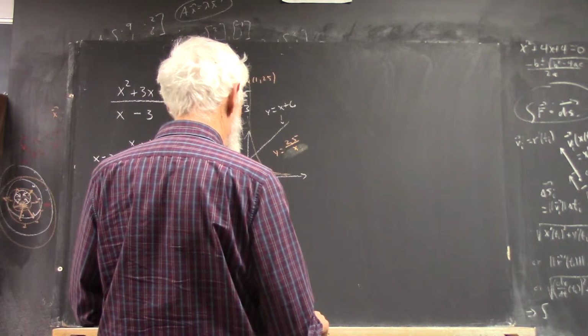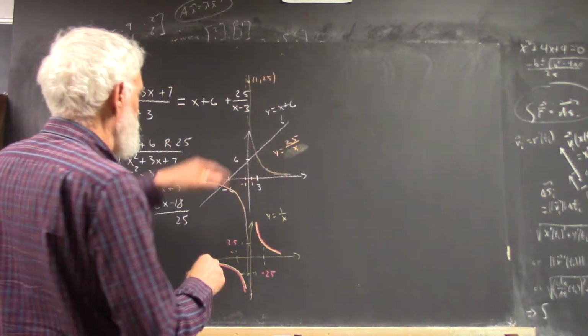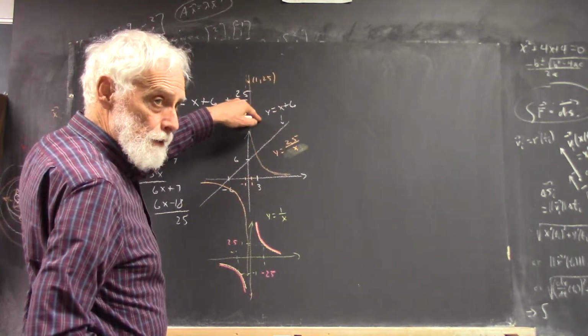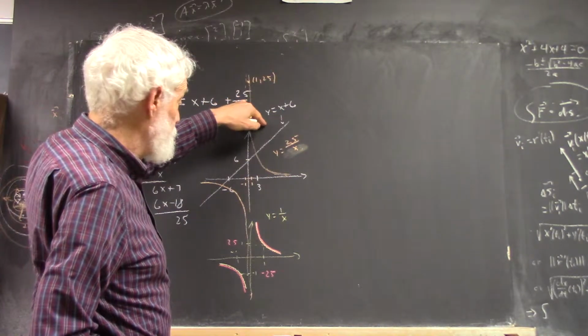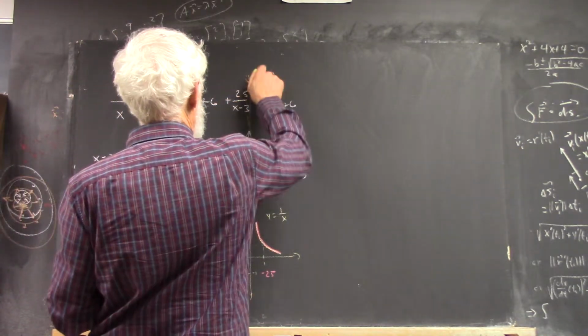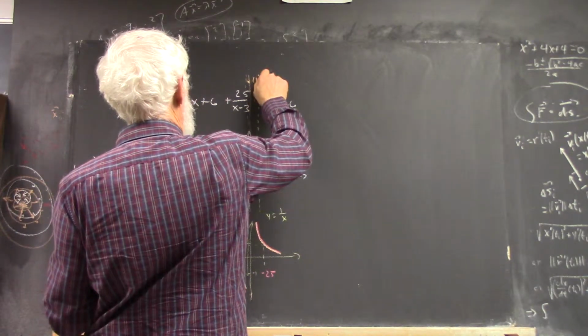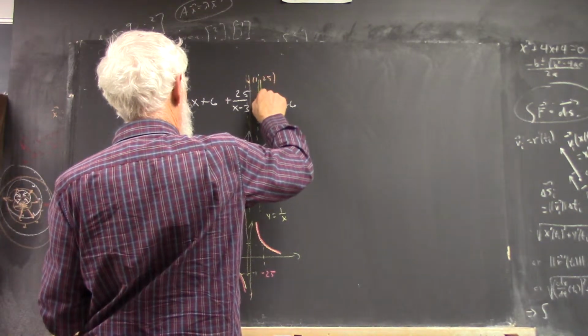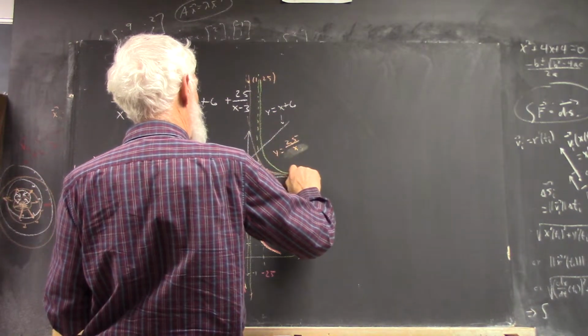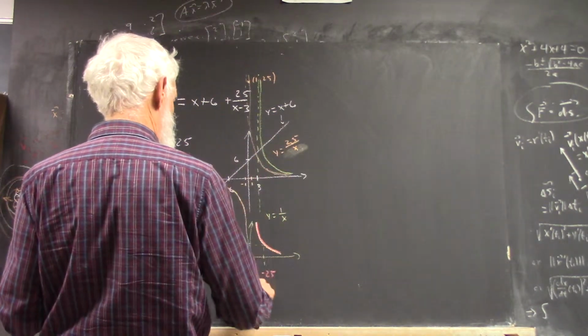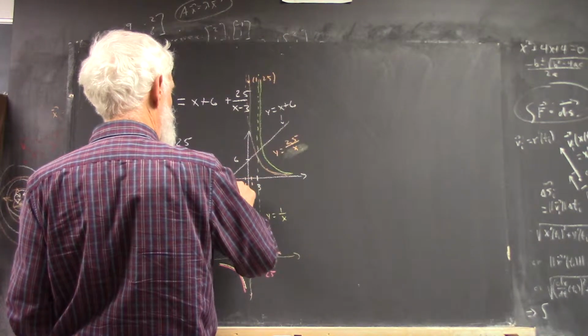And now the graph of 25 over x minus 3 is just going to be this thing. Replacing x by x minus 3, we shift it to the right 3 units, which is going to give us a vertical asymptote at x equals 3. And a graph that does something very much like this. And similarly on this side.